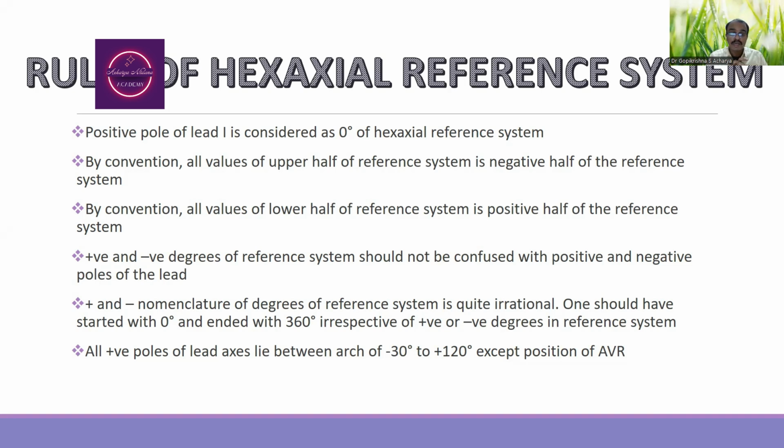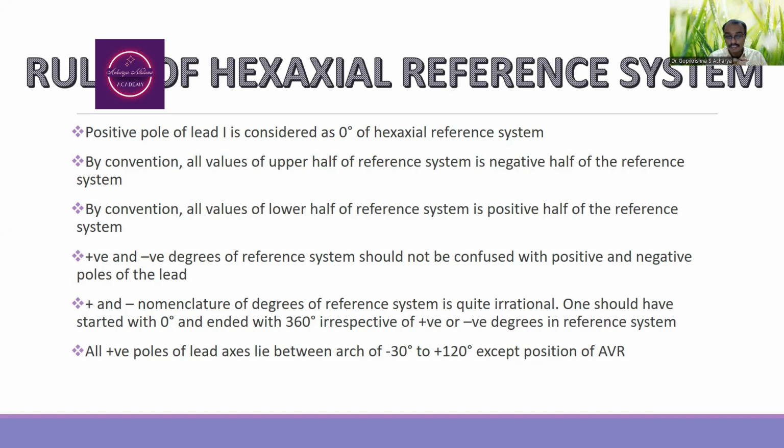By convention, all the values of the upper half of the reference system are said to be the negative half, and the values present in the lower half are termed the positive half. As we have discussed earlier, positive as well as negative degrees of the reference system should not be confused with the positive and negative poles of the lead. We are going to discuss this in the coming slide.